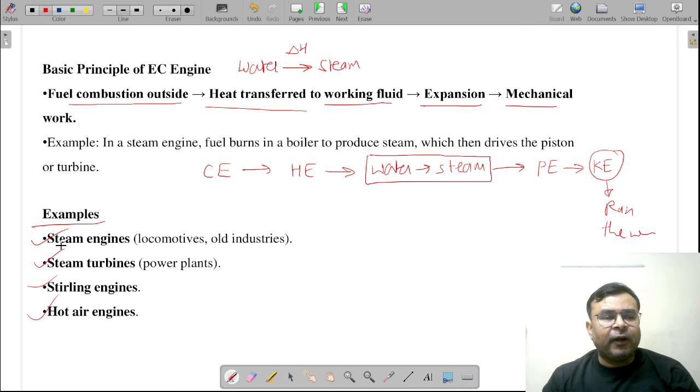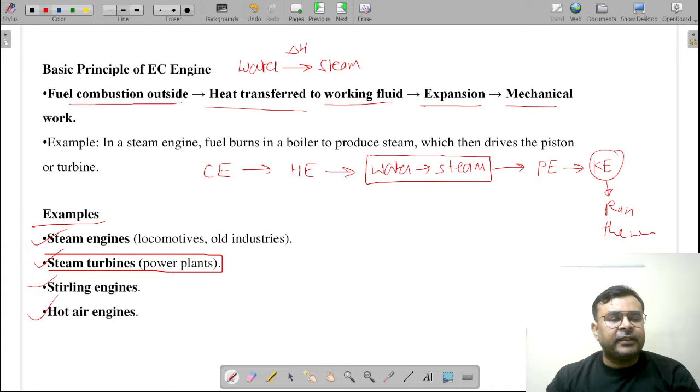Is it right? Nowadays we cannot use this steam engine which was used for running locomotives, obviously the railways. Now we cannot use this. In the modern era we use electric engines. And the steam turbine, of course, we are still using to run steam power plants, thermal power plants, to produce electricity.